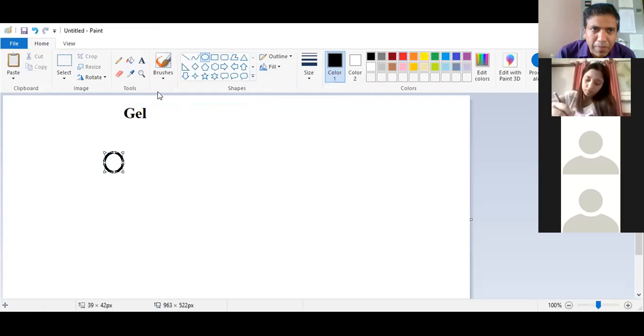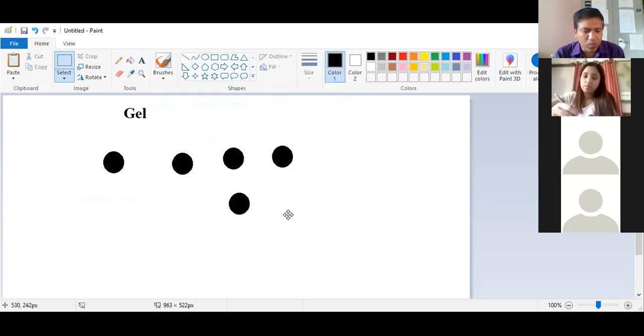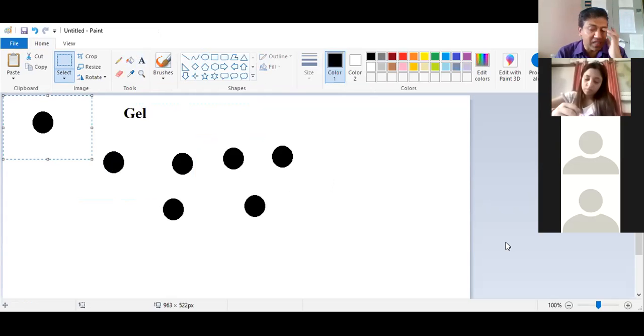I'll just paint it. So these are the monomers, not polymers. These monomers are used for making the gel.